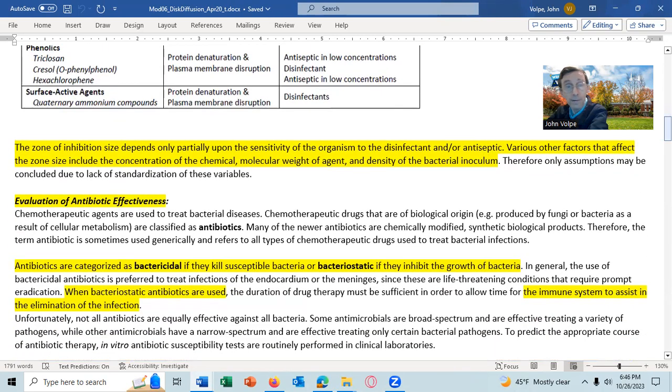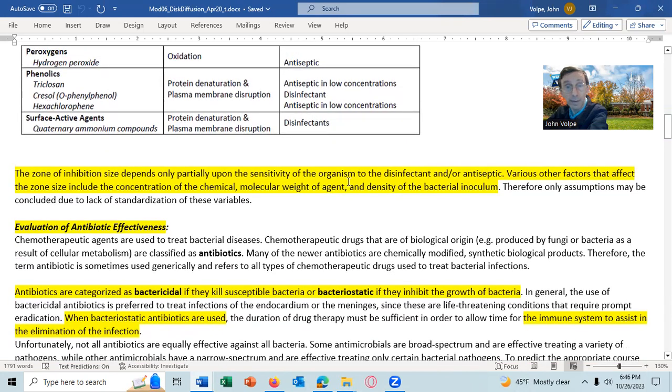The zone of inhibition size depends only partially upon the bacteria's sensitivity to the disinfectant or antiseptic or the antibiotic. There are various other factors that affect the size of the zone of inhibition, including the concentration of the chemical. Generally, the more concentrated the chemical, the larger the zone of inhibition. The molecular weight of the agent will affect the size of the zone of inhibition.